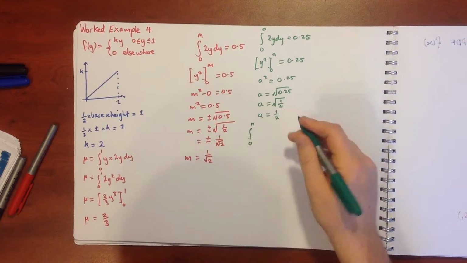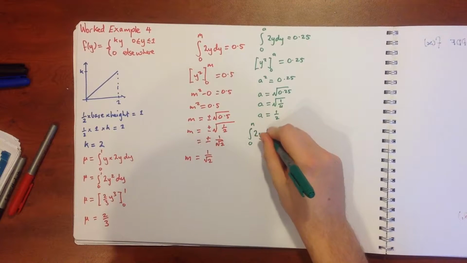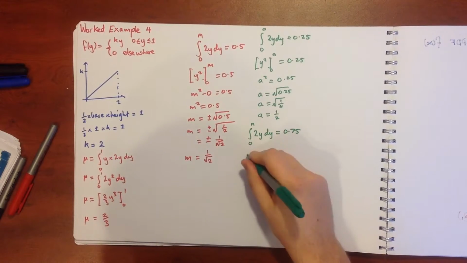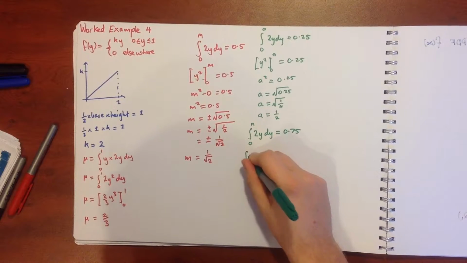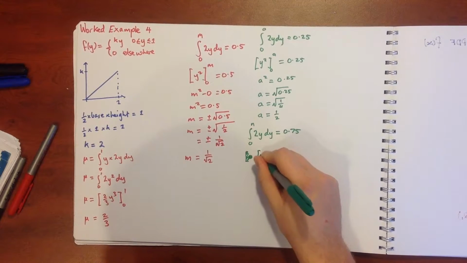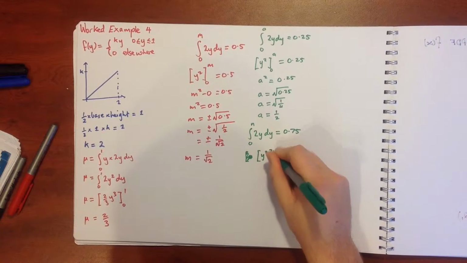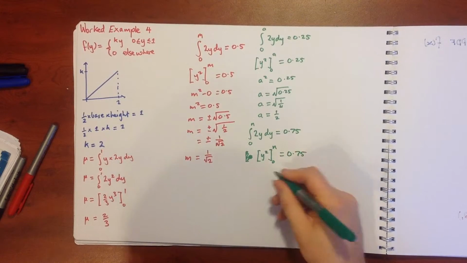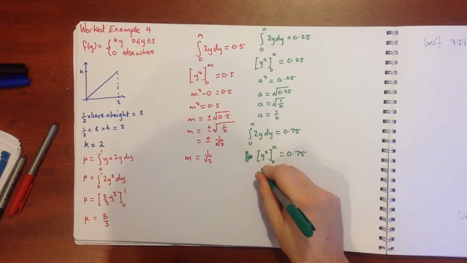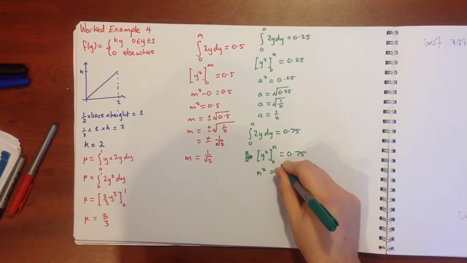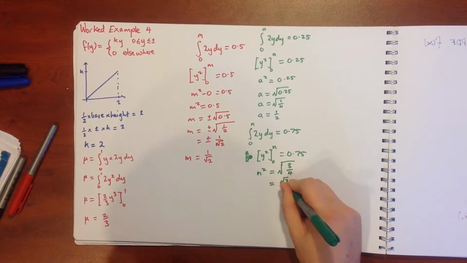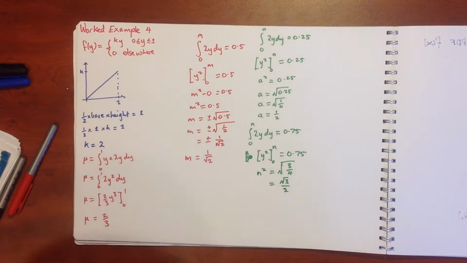We also need to integrate, this time from 0 to n. It doesn't really matter what letter you use, of 2y dy, and set it equal to 0.75 this time. So we're going to get our y squared from 0 to n equaling 0.75. That means that n squared equals 3 on 4, so n equals root 3 on 2.